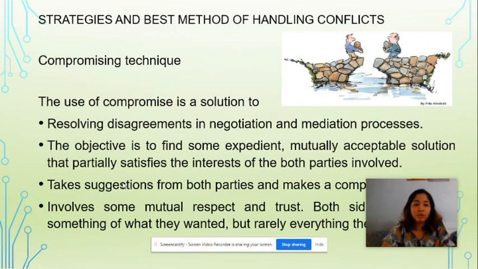The objective is to find some expedient, mutually acceptable solution that partially satisfies the interests of both parties involved. Take suggestions from both parties and make a compromise. It involves some mutual respect and trust. Both sides usually get something of what they wanted, but rarely everything they wanted.